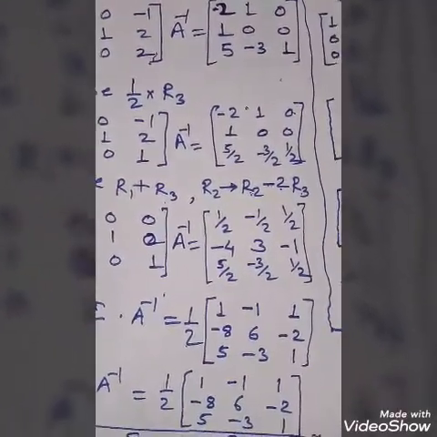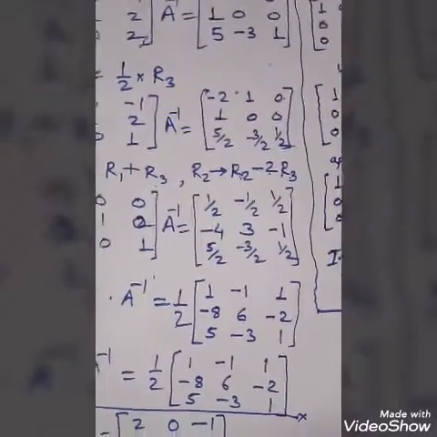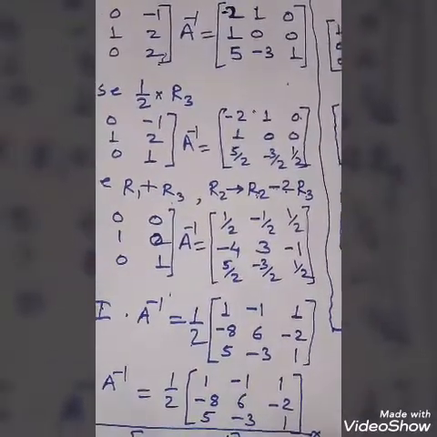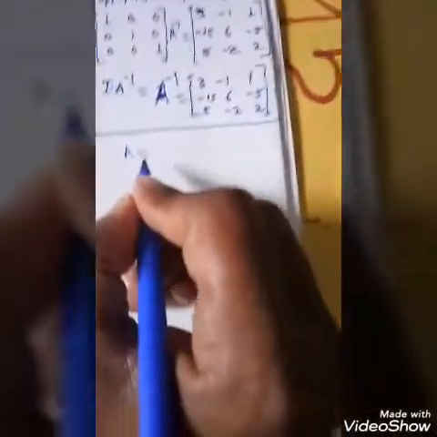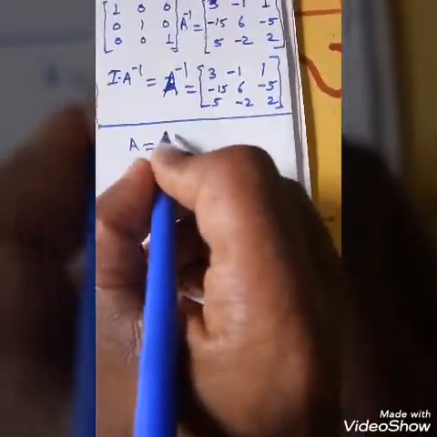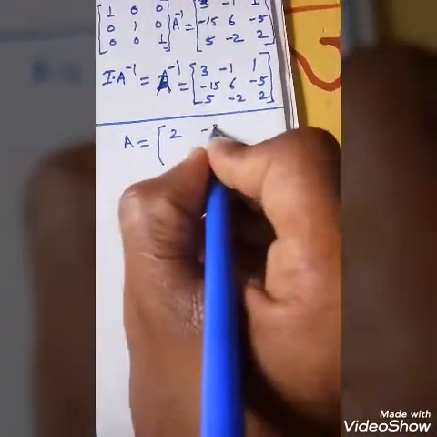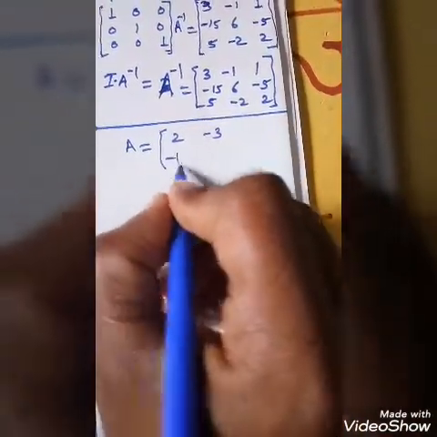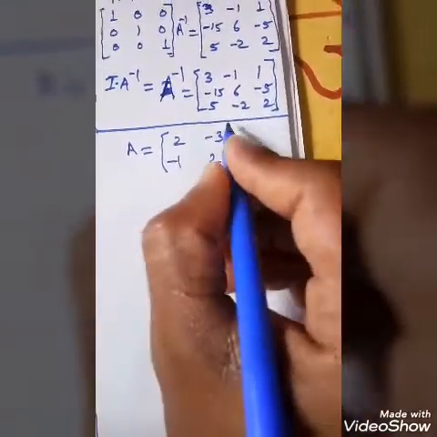Also we take another example: inverse of a matrix of order 2. The matrix A is 2 minus 3 minus 1 2.